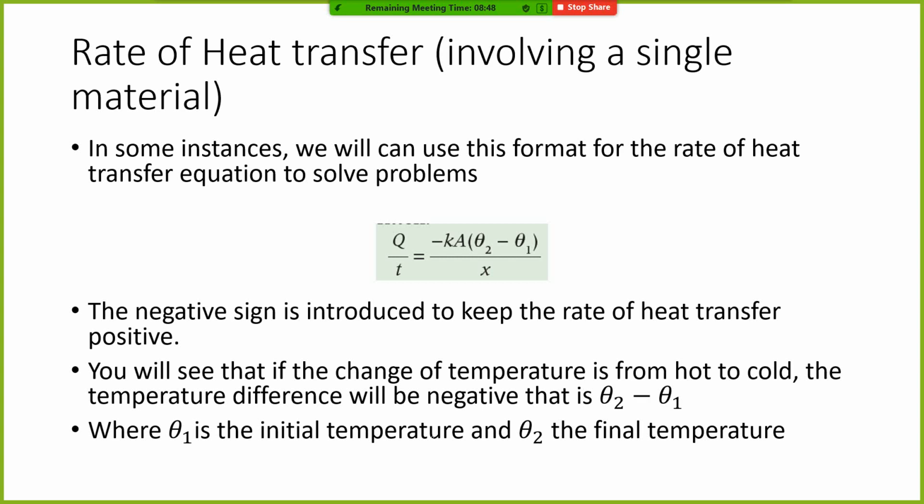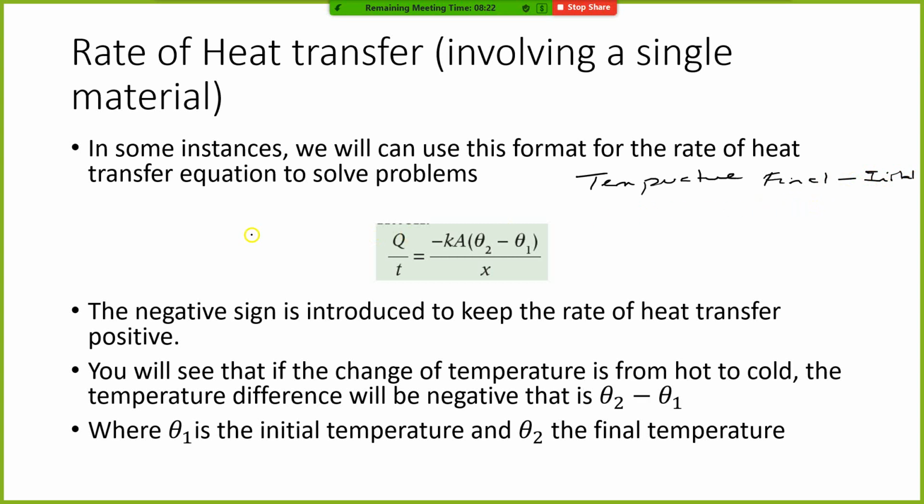We generally have to find the temperature difference, which is really supposed to be the final minus the initial. Now remember, for this rate of heat transfer, your initial temperature is a higher temperature.